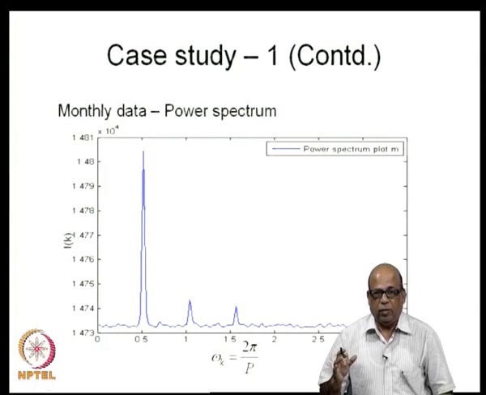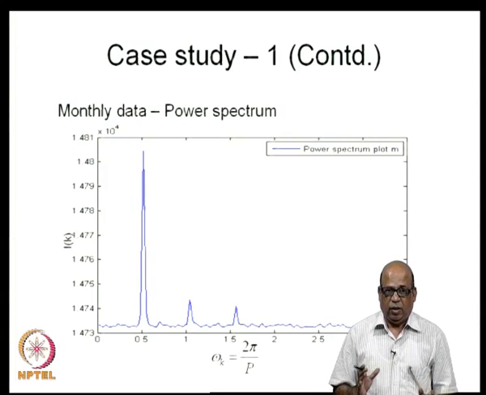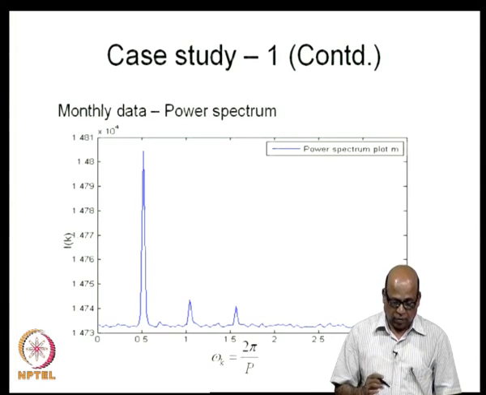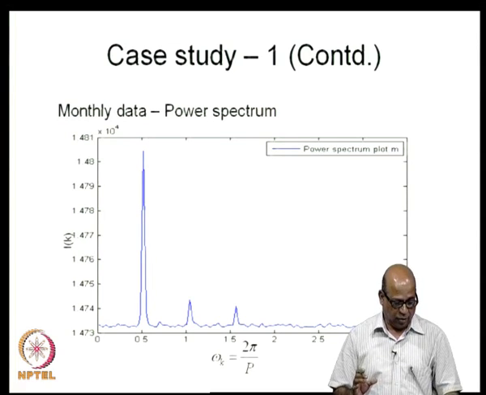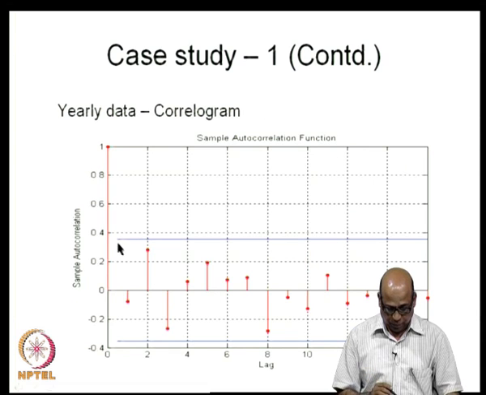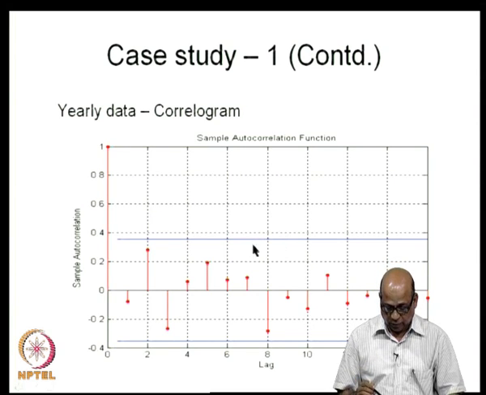Let us say you have annual data, and 1 year consists of 12 months, and therefore, the number of months will be much larger than the number of years. The number of values used to compute this for the annual data will be much smaller than for monthly data, and this is 2 by root n, and therefore, as n decreases, this will be larger and larger.